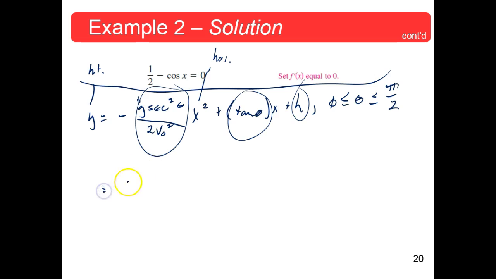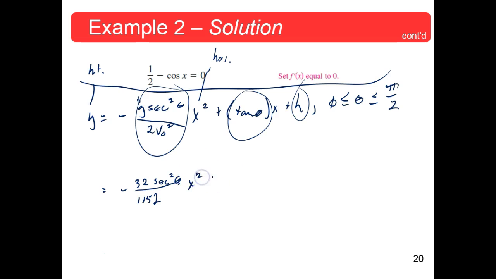Y is equal to minus 32 secant squared theta divided by 2 times 24 squared. Someone do 24 squared times 2 on a calculator for me. 1152. One of my favorite numbers.